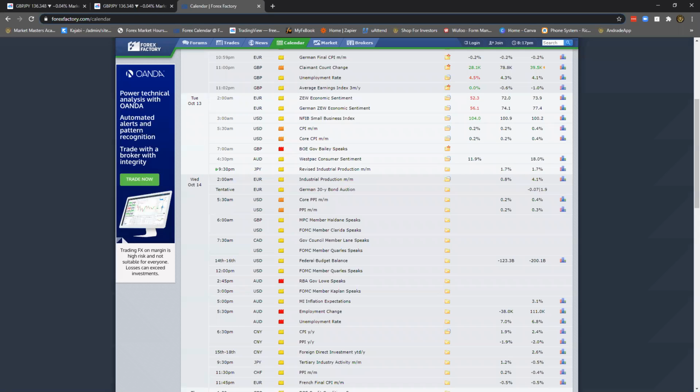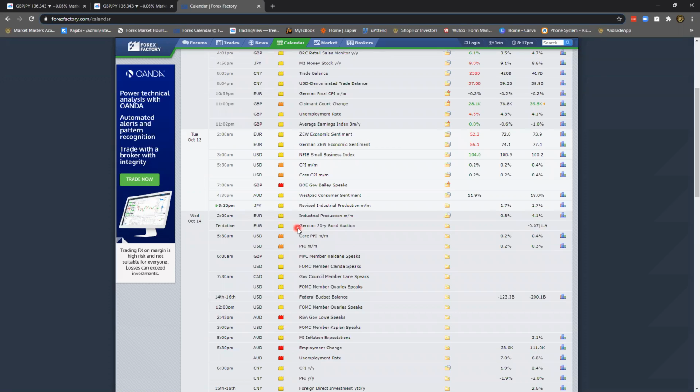Now usually I'm looking on my MT4, so if it's like, let's say GBP, I pull up all my GBP pairs like GBPUSD, GBPJPY, GBPNZD, I'll just pull them all up, and then by the time that news is hitting, then I already kind of know which way it's expected to go.